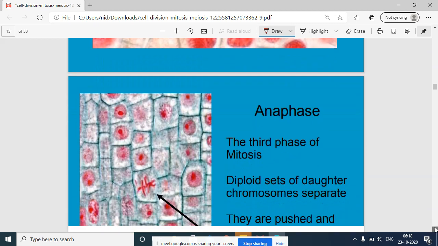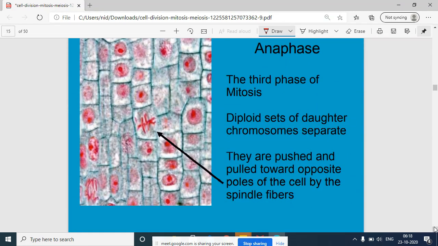Next is anaphase. What happens in anaphase? It is the third phase of mitosis. Half the chromosomes move to one pole and the other half to the other pole. Very good. So the diploid sets of daughter chromosomes separate out, and if something is here, the other will be on the other end.